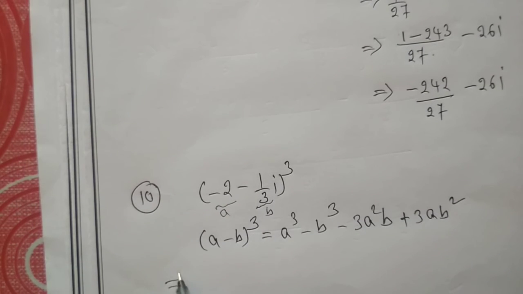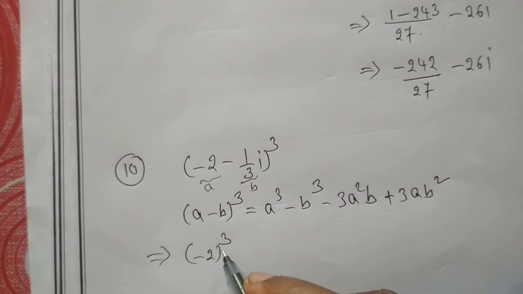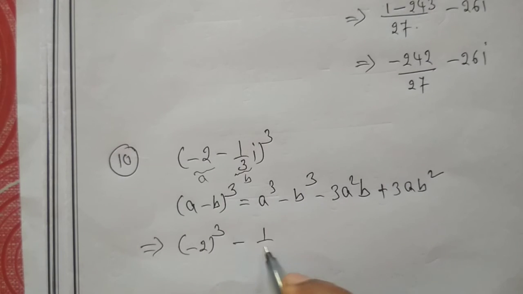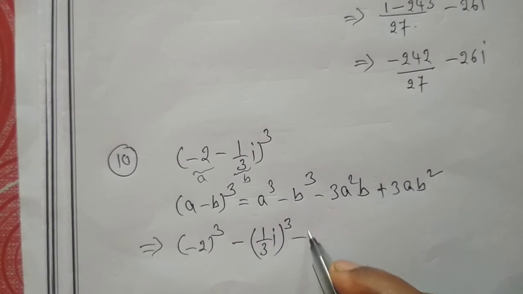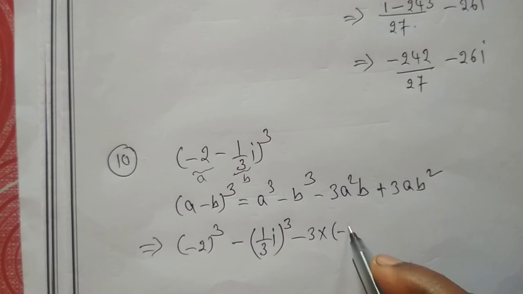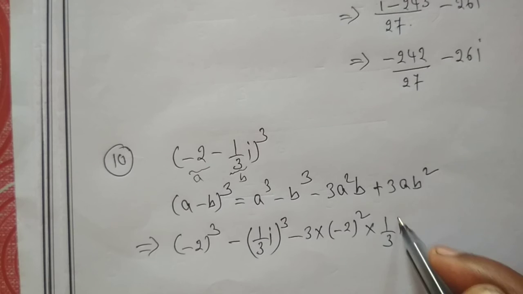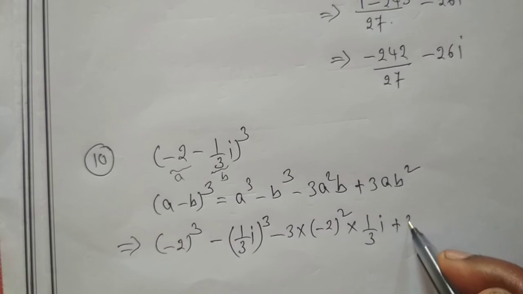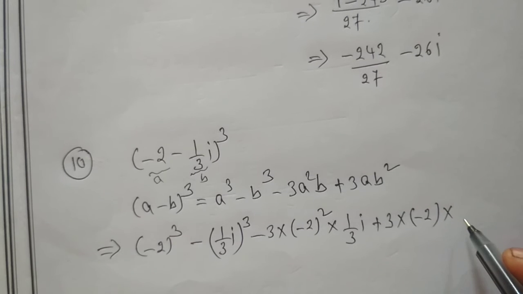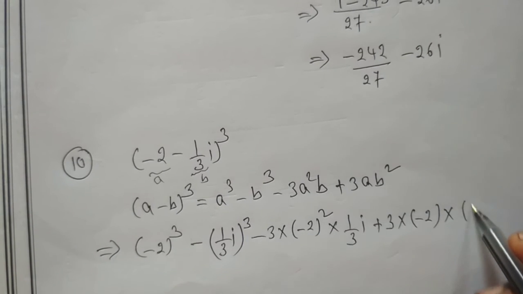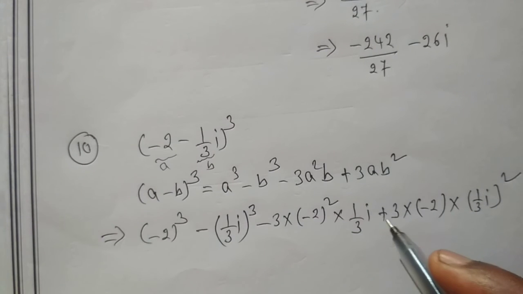That implies (minus 2) whole cube minus (1 by 3i) whole cube minus 3 into (minus 2) whole square into 1 by 3i plus 3 into minus 2 into (1 by 3i) whole square.